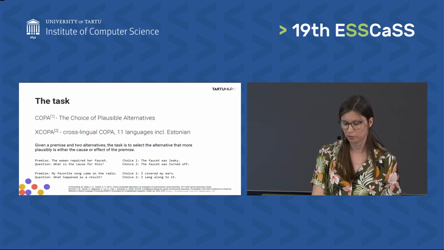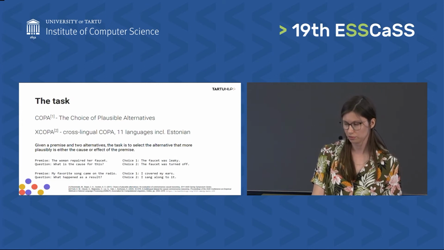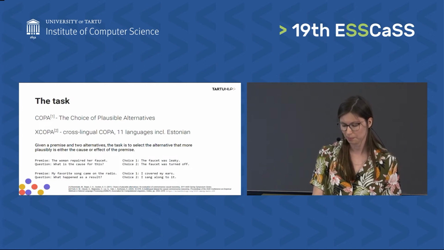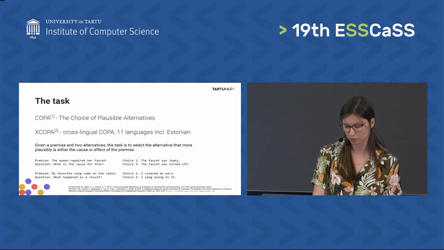Before I present the results of some of the experiments, let me describe real quick the COPA dataset on which the experiments were done. The name stands for Choice of Plausible Alternatives, which is a common sense causal reasoning task.